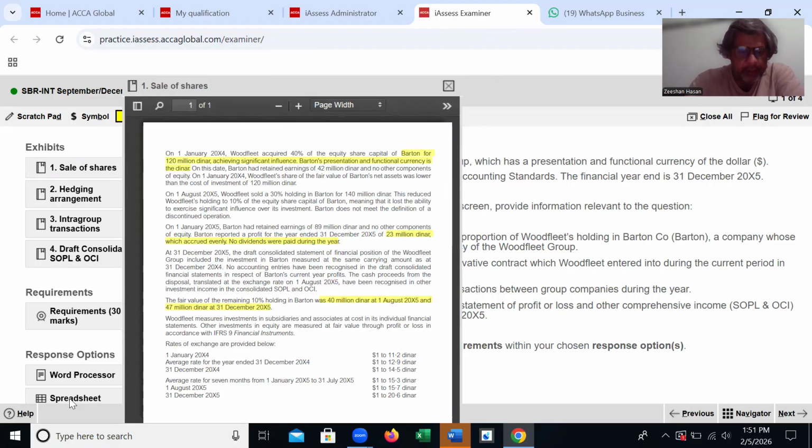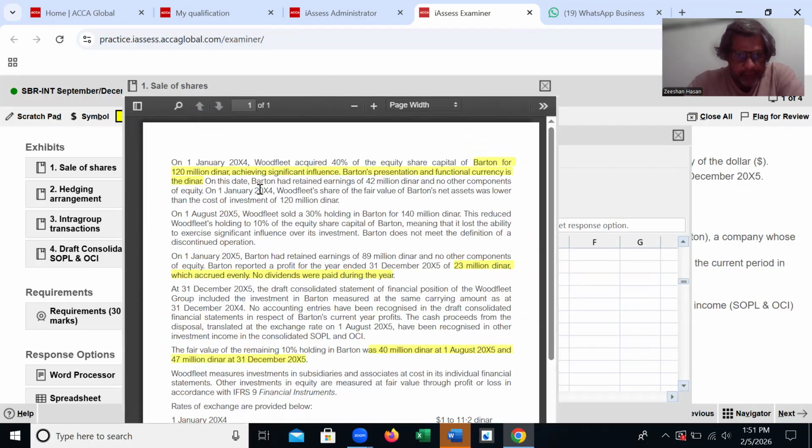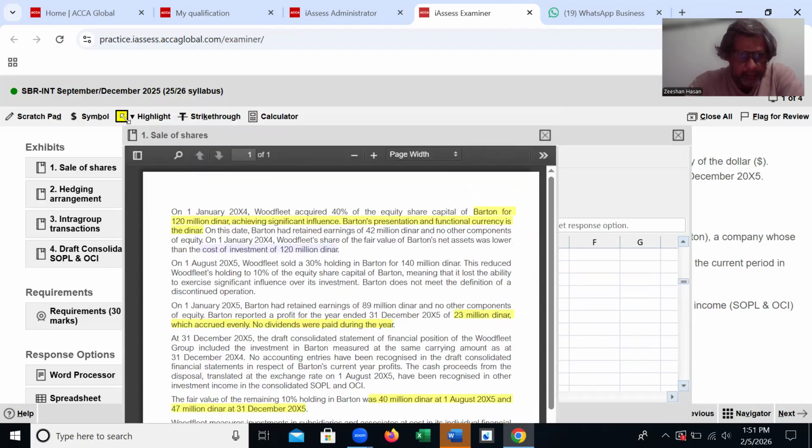Barton's presentation and functional currency is the dinar. On this date, Barton had retained earnings of 42 billion dinar and no other components of equity. On 1st January X4, Woodfleet's share of the fair value of the Barton net assets was lower than the cost of investment of 120 billion dinar.